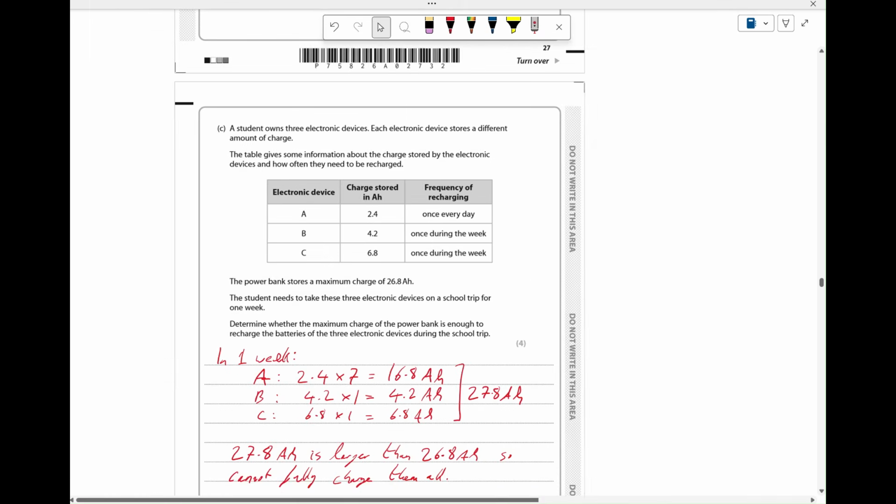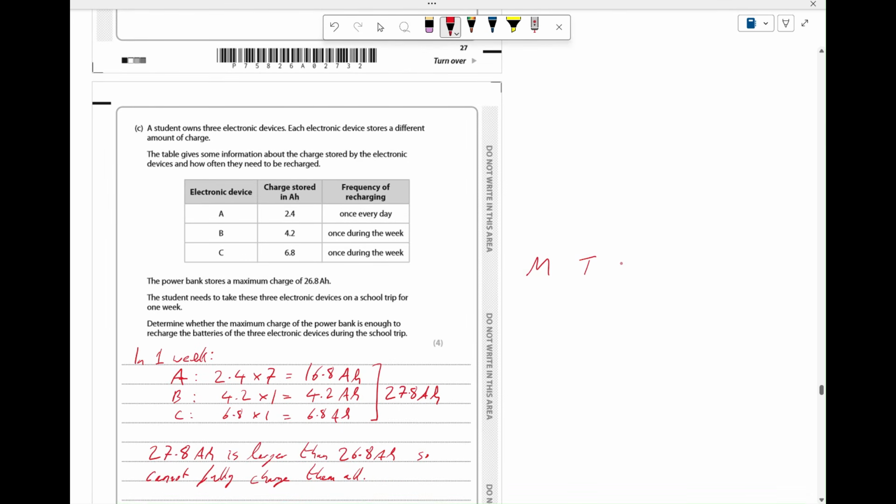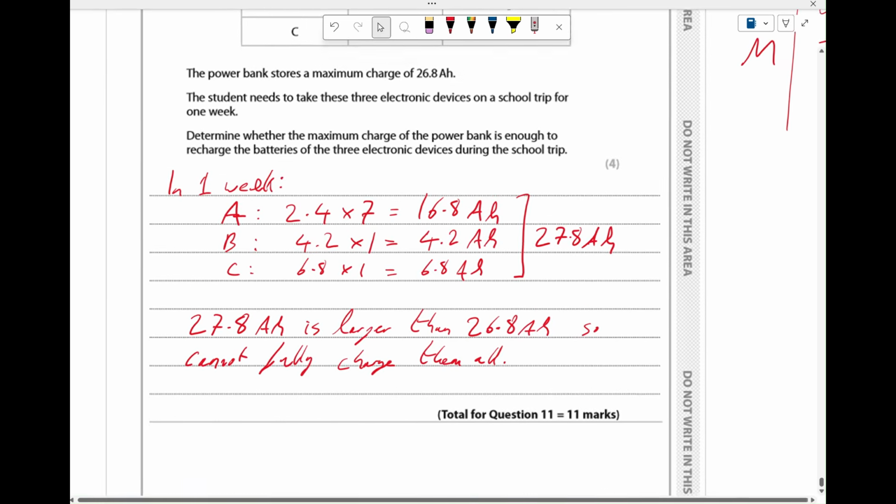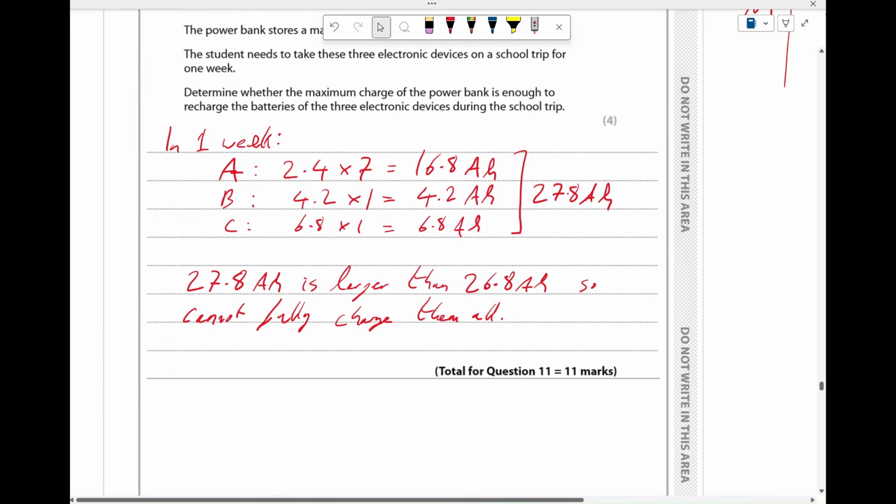If it's a school trip, if we're going Monday, Tuesday, Wednesday, Thursday, Friday, Saturday, Sunday, that's what we're assuming. Monday you don't need to charge it because you've charged it at home, so you've only charged it on 6 days. At which point it would be okay. Yeah, I'm going to just assume that it is 7 days, but I'm not massively happy with that.